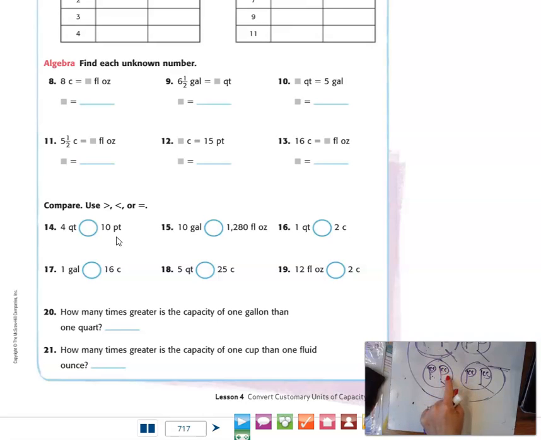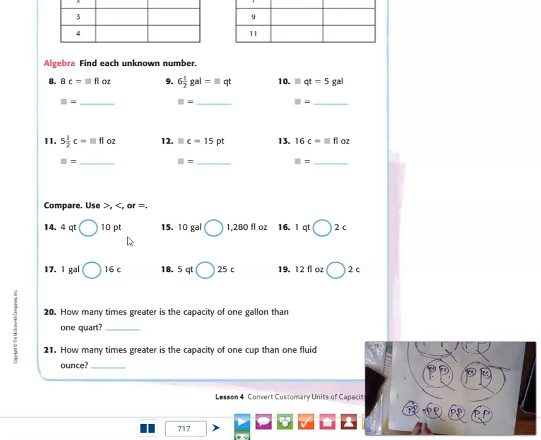Okay, so I'm going to put 4 quarts, and then I know each quart has 2 pints in it. And now I'm comparing that amount to these 10 pints that are on the other side.